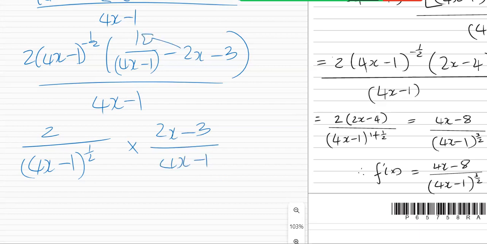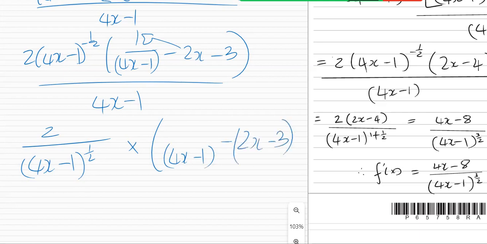Oh, that doesn't work. This is times by, that won't work nicely. 4x minus 1 in the denominator minus 2x minus 3. I wonder where it went wrong.